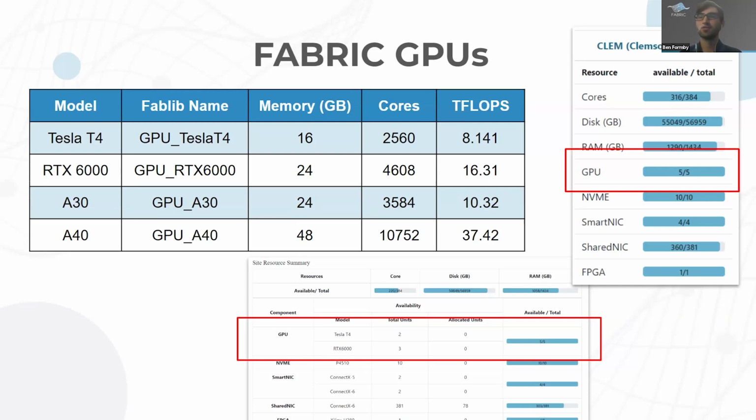And here is a table of some of the specs, depending on what your experiment may need. You can choose from any of these 4. In the Fabric Portal website, when you hover over a site, you can click on the site to get more details about the resources and the specific GPU models that are available there.